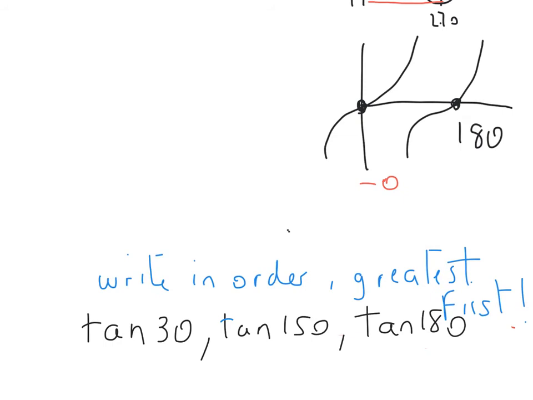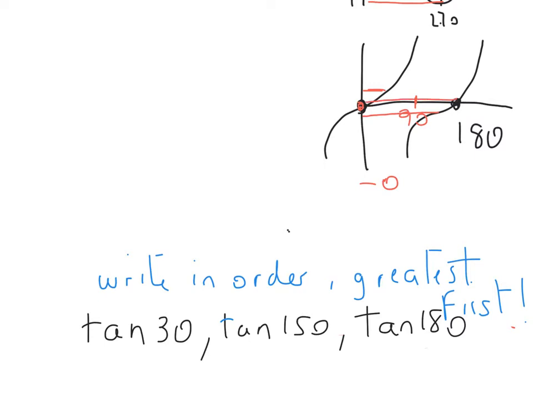Okay, finally, write in order greatest first, tan 30, tan 150, tan 180. So tan 30, well, there's tan 0, so tan 30 is about here. We've got a marking point here, which is 90. Tan 150 would be just before we get to 180, about there, and tan 180 is there.